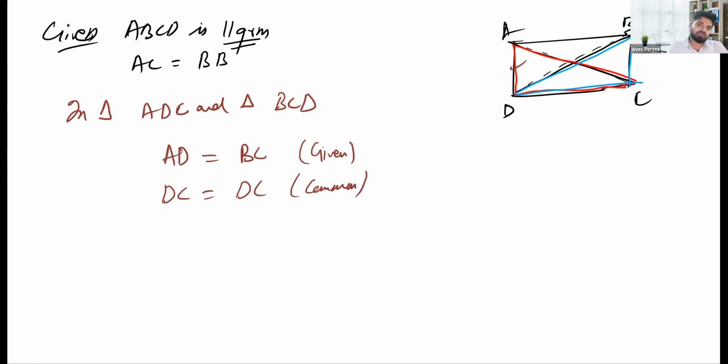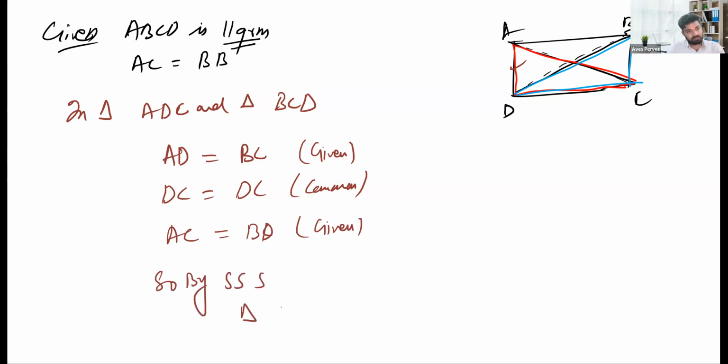And the diagonals are also given: AC, the diagonal of the red triangle, is equal to BD, the diagonal of the blue triangle. So by SSS, the three sides we have taken, triangle ADC is congruent to triangle BCD.